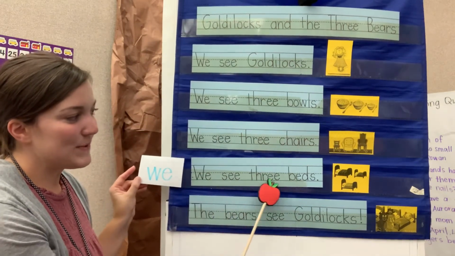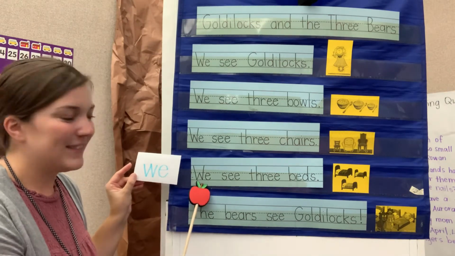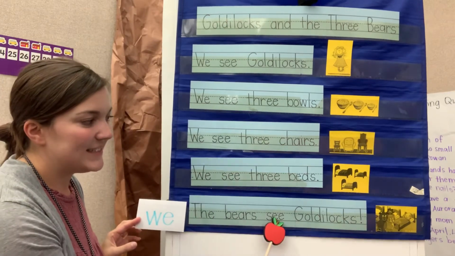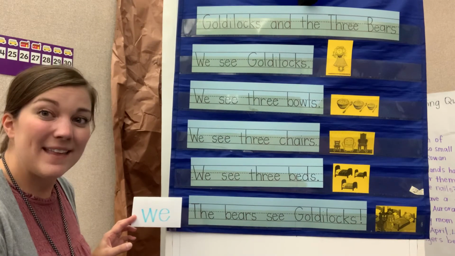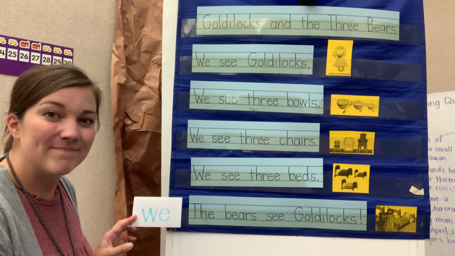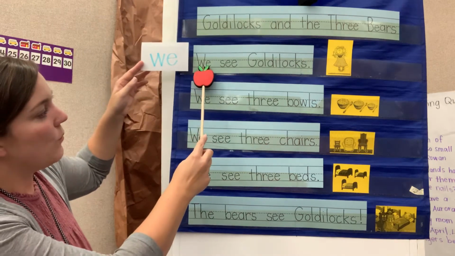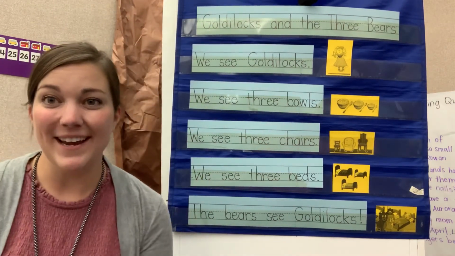We see three beds. There's the sight word there at the beginning again. The bears see Goldilocks. Do you see the word we in that sentence? No word we there. I see the word we 1, 2, 3, 4 times in our reading.